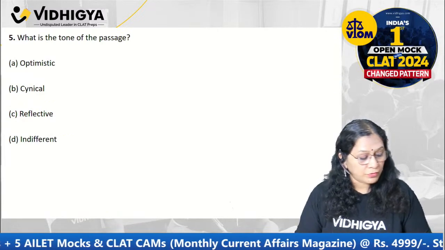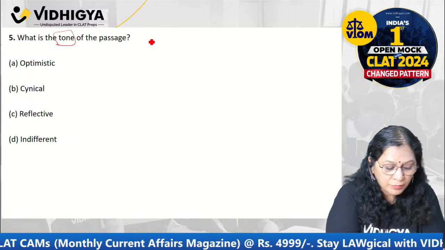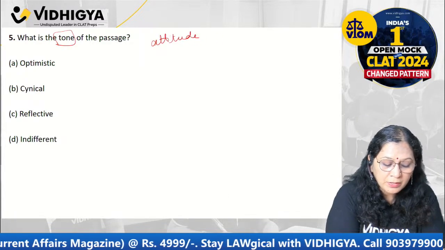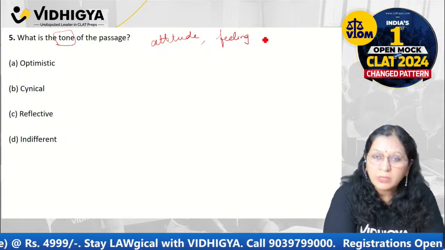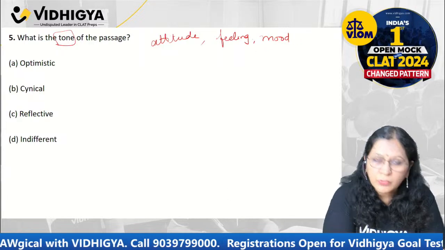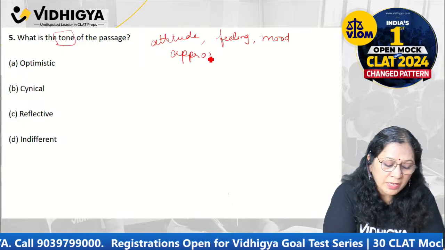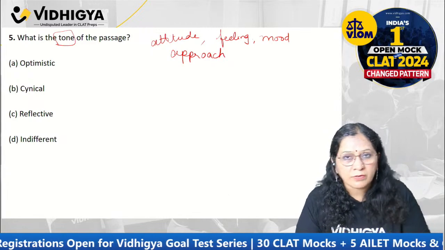Tone. Tone means what? Tone of the passage would mean the attitude of the author towards the topic. Usually it is the feeling or the mood of the author. We say it is feeling, mood, attitude, approach. So think about what thought was in his mind, what he was feeling when he was writing that article.